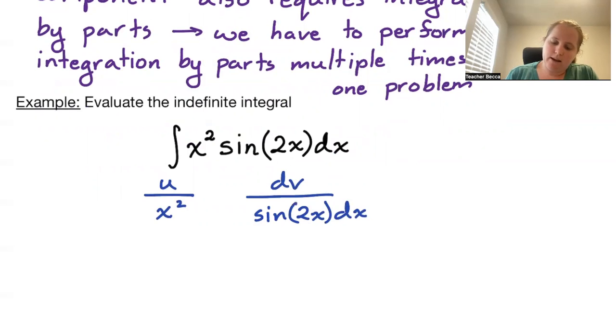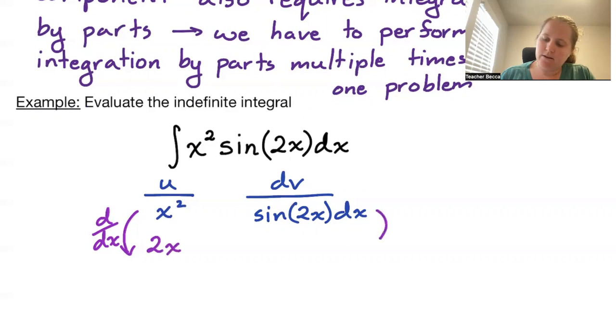On the left-hand side, we'll go ahead and differentiate. The derivative of x squared is 2x. Integrating on the right-hand side, sine integrates to a negative cosine.